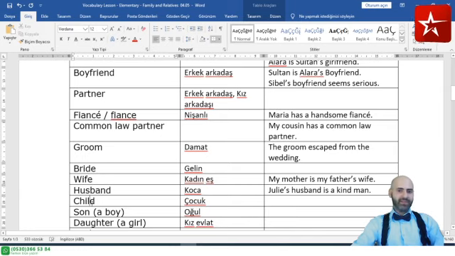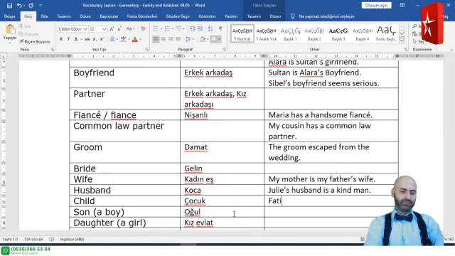So child can be boy or girl, it doesn't matter. And son is a boy, daughter is a girl. We have a sentence, my child is 7 years old. Okay, Fatih's child is 7 years old. Thank you, Fatih.